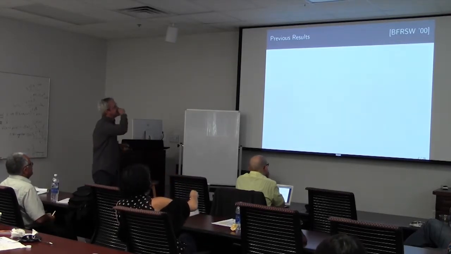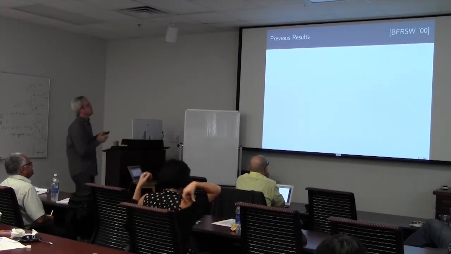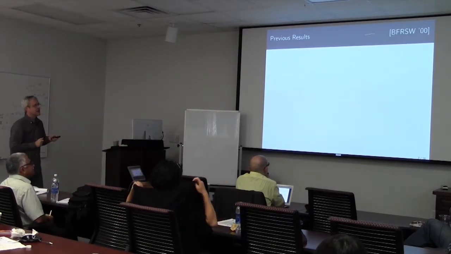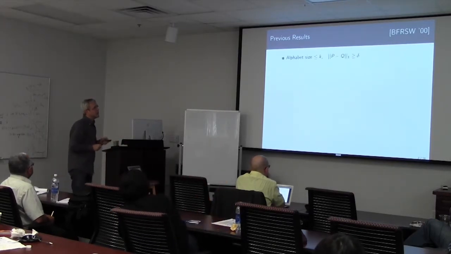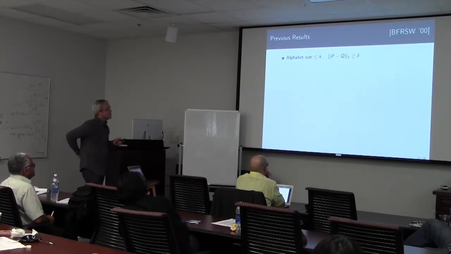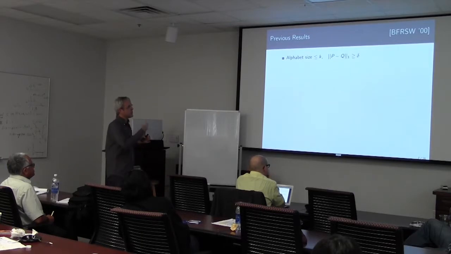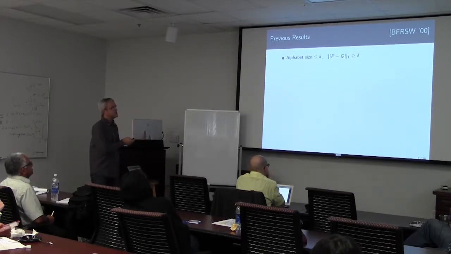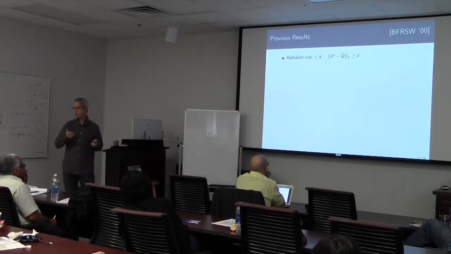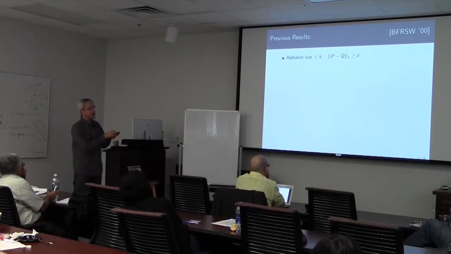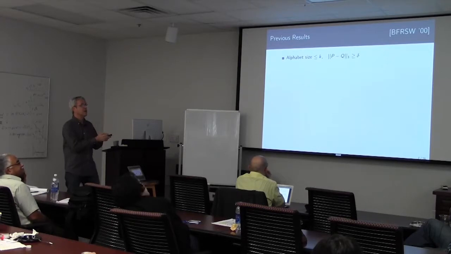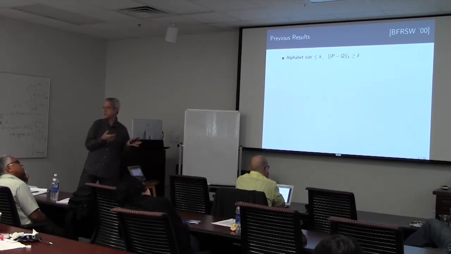All right, okay. So what results have people gotten? Okay, so this is again the paper by Batu et al. So they said, suppose that your distribution is of an alphabet of size at most k, and the L1 distance between the two distributions is at least some delta. So these are parameters someone gives you. Someone gives you k, the alphabet size is at most 1,000, and the L1 distance is at least 0.01, let's say.